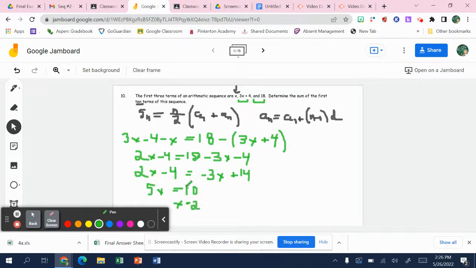Now that I know that x is 2, I know that my sequence is 2, 3x plus 4 would be 6 plus 4, which would be 10, and 18. So now I know my common difference is 8.